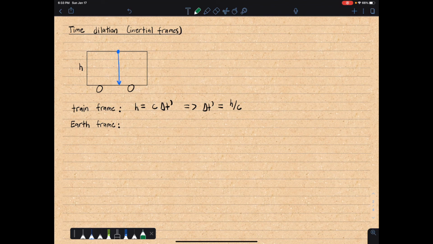In the Earth frame, the train is traveling forward with some velocity, so the train will be some distance ahead by the time the light ray reaches the ground. So I'll draw the new position here, and this will be the path that the light takes in the Earth frame.